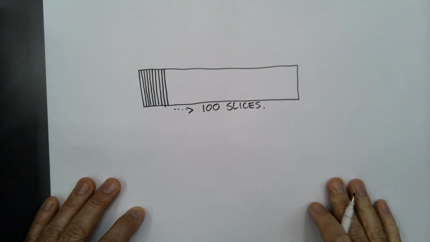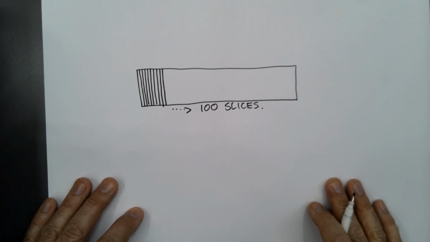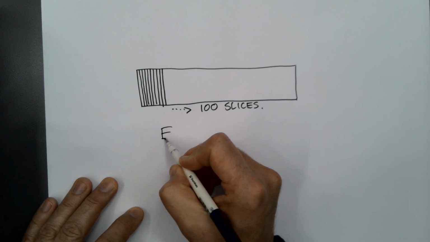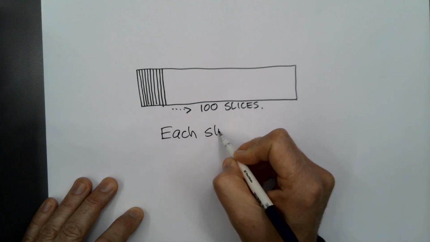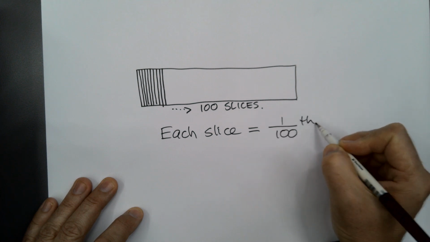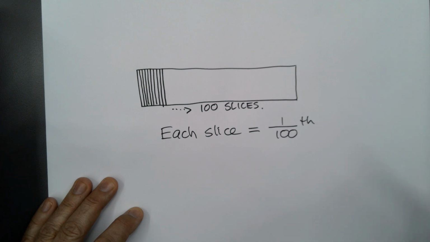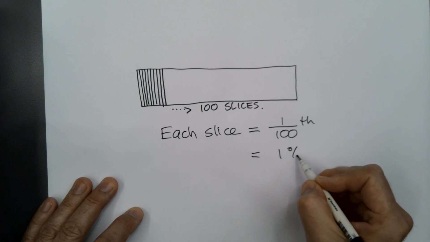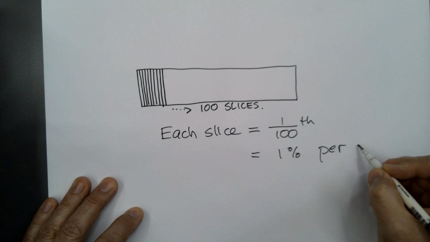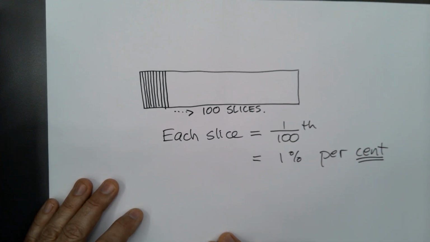Now, in your imagination, imagine if you could get one slice. What is one slice? Well, each and every slice is actually 1/100th of the whole thing. So that's the same as 1%. Per cent, don't know whether you've ever thought about that, cent as in 1/100th.